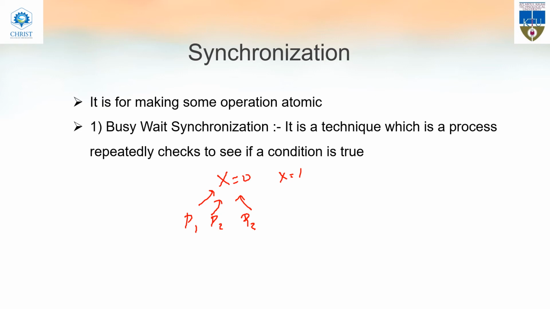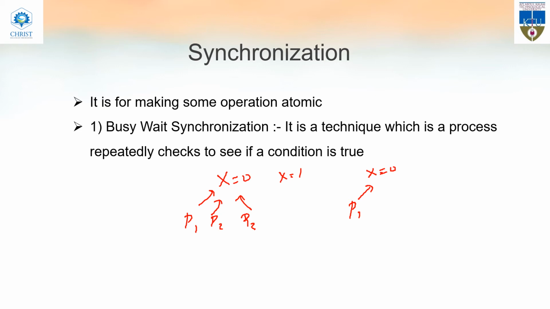Initially, let x equal 0, and P1 comes. P1 checks whether x equals 0. Yes, x equals 0, so P1 can access the resource.